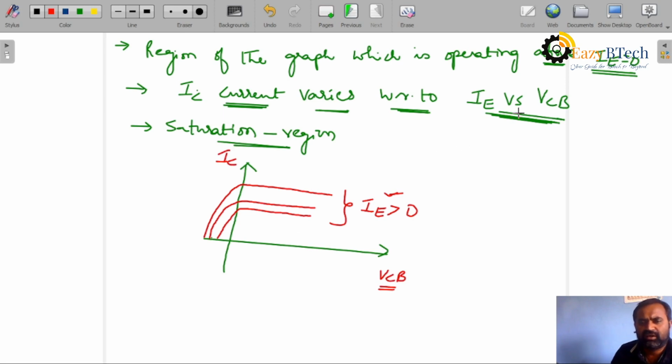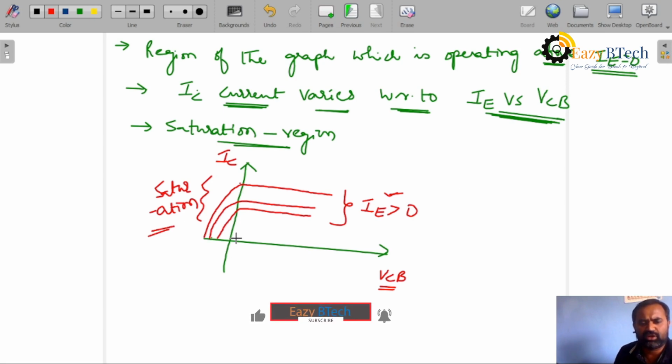It means this region is a saturation region. Saturation region is nothing but the current through the transistor, that is IE, operating above 0.